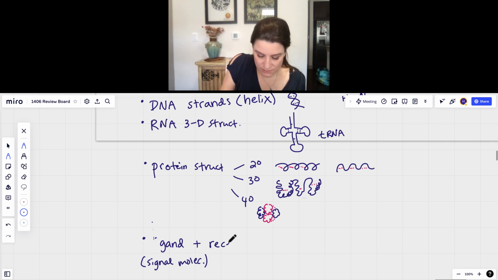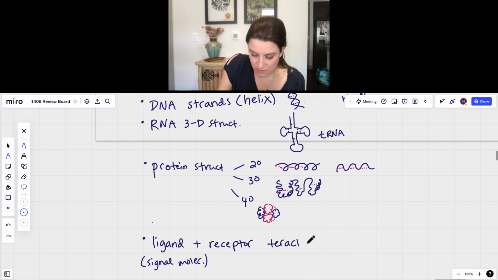And it binds to a receptor, right, in signaling. Many times, that binding of the receptor and the ligand is held together by hydrogen bonds. Let's say this receptor maybe is in a cell membrane.